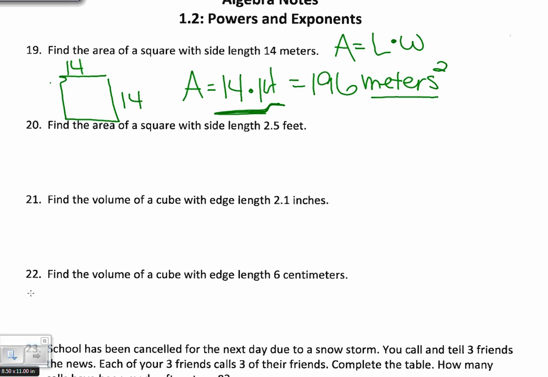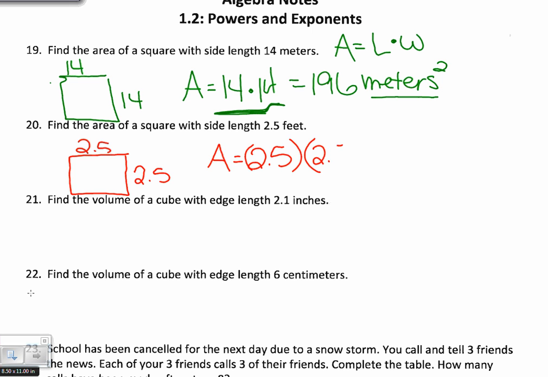Okay. Let's do number 20. So same thing, we want to find the area of a square. Here's my square. The side length is 2.5 feet. So I know that all sides are 2.5. Area is length times width. So my length is 2.5, my width is 2.5. I plug in my formula. L is 2.5, and my width is 2.5.